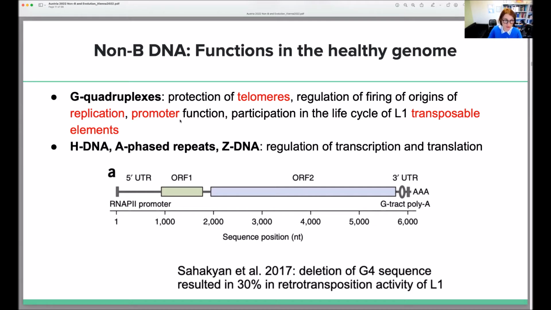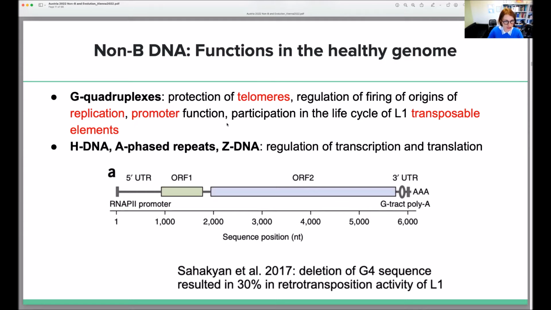The same is true for promoters. Many promoters in mammals have G quadruplexes in them. And you can imagine that if the structure forms at one of the strands, it helps in strand separation, which is what's needed during transcription initiation.